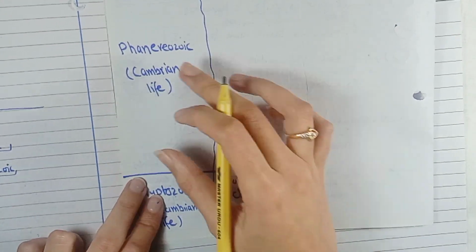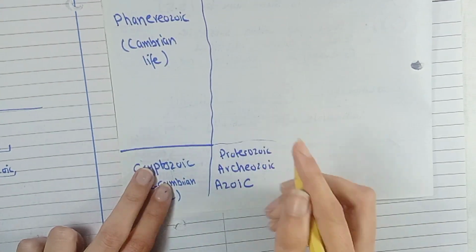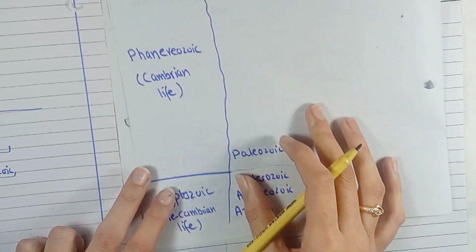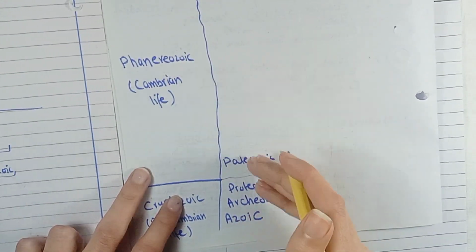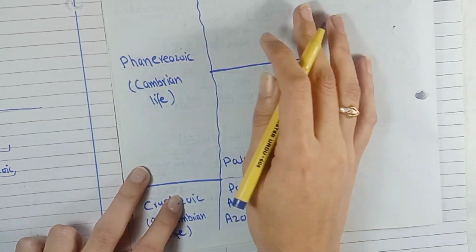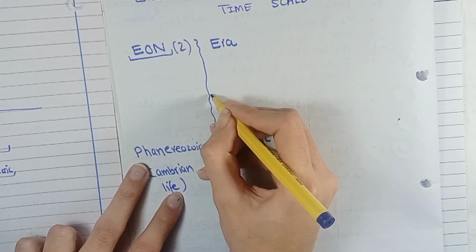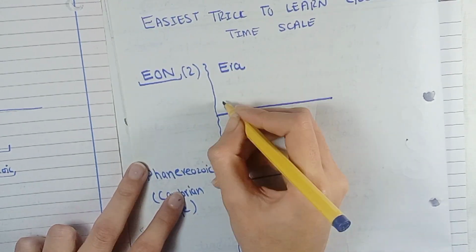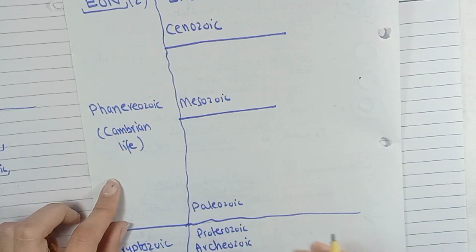For the eras of the Phanerozoic Eon, first of all you will write Paleozoic, then leave some space for writing 6 to 7 words, and then make a line and write Mesozoic. Then leave space for about 4 to 5 words, and then write Cenozoic. We have now written the 6 eras.